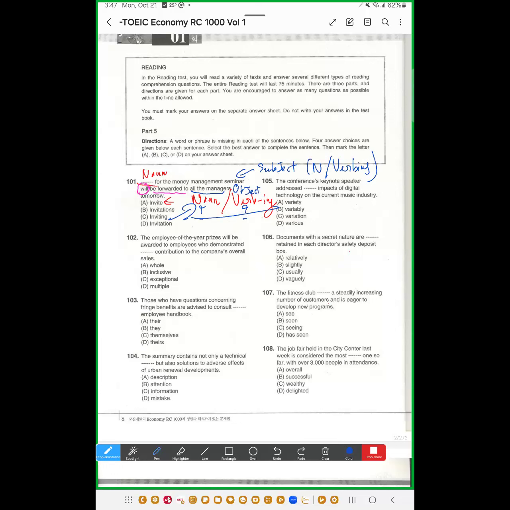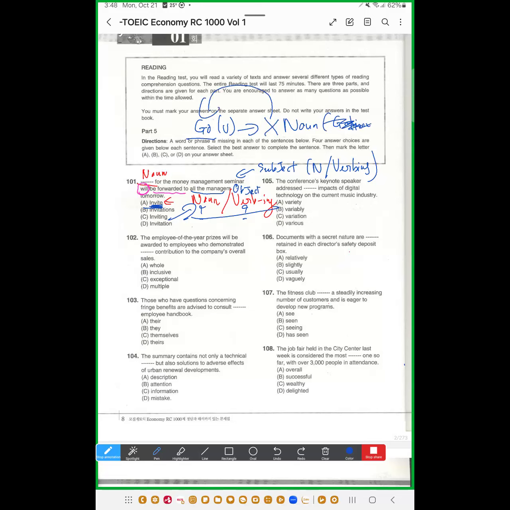Simply, you should check the dictionary to find out whether this word has a noun in English. For example, go, right? This is a verb, but when you check the dictionary, you cannot find the noun of go. We don't have a noun of go.